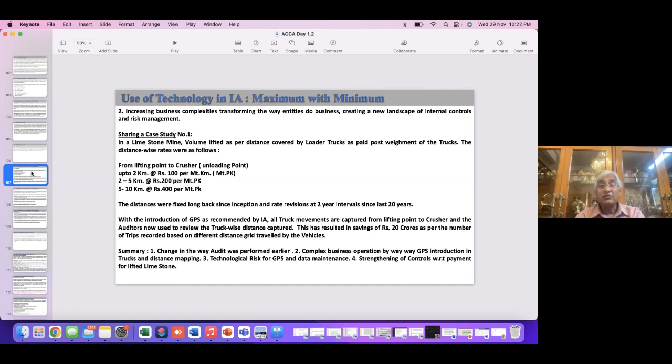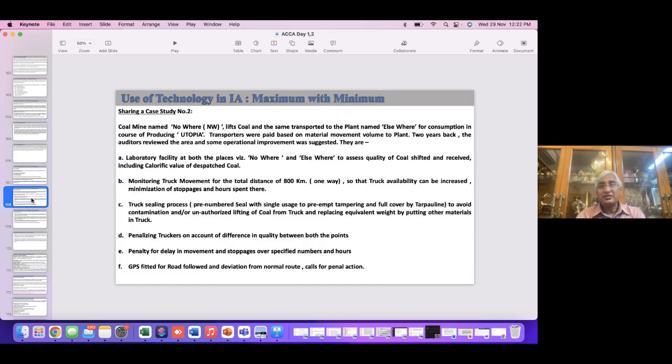And in our value additive function, audit is no longer a ticking function, just seeing whether payment is made, but under what circumstances payment is made, whether the payment premise is correct or not. This is one such case where the payment premise was not correct. Accordingly, the premise has changed by introduction of GPS, and the benefit accrues to the company.